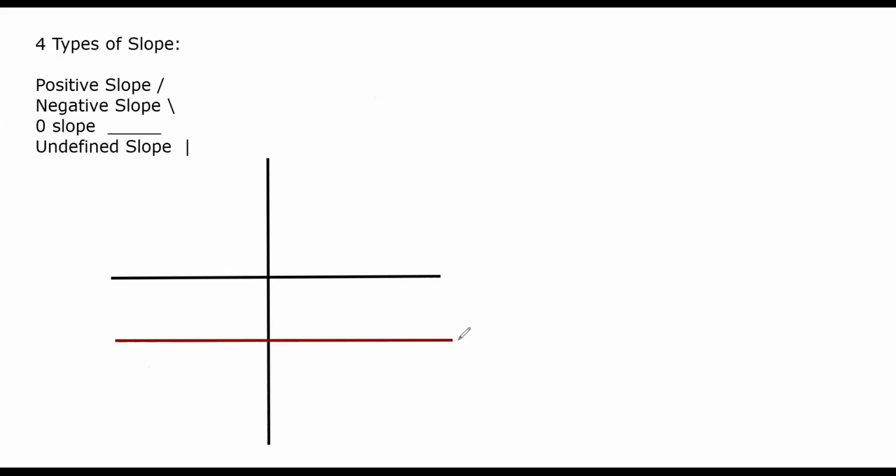Here's a nice horizontal line, nice and flat. It's going to cross through this point here. Let's just say, for the sake of argument, that's the point 0, -2. That's the y-intercept of this line.